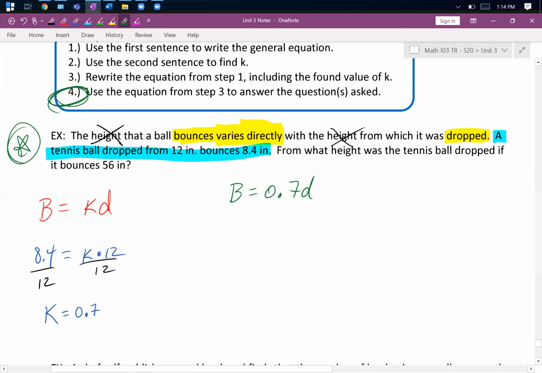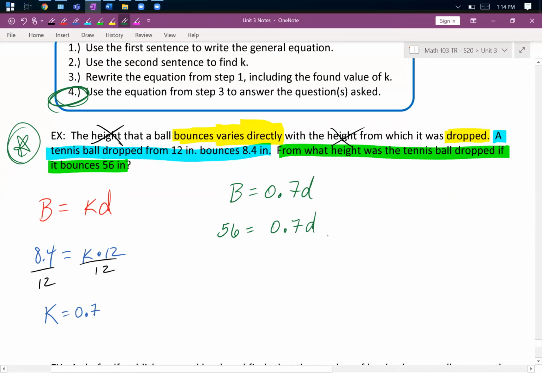And that's where we had stopped before, but now we're just going to use this to answer the last question. From what height was the tennis ball dropped if it bounces 56? Well, where does the 56 go in for? The B. And we're going to solve for D because it said from what height was the ball dropped.